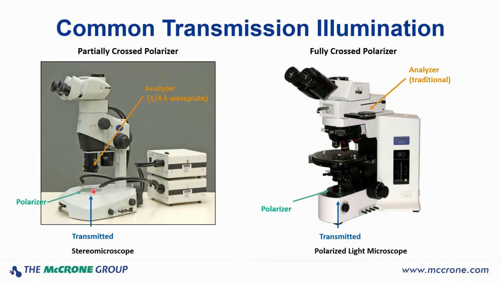You can very easily use this to locate the isotropic glass particles and separate them from the anisotropic quartz particles. So your quarter wave plate acts like your traditional analyzer in the Polscope, but it's a pseudo cross-polarization technique. So it doesn't have the quantification, I guess you would say, that you would see on the Polscope.